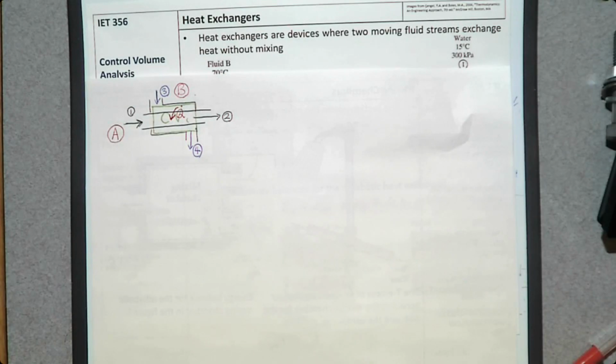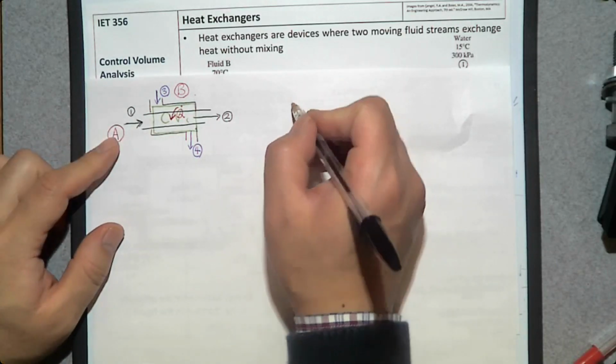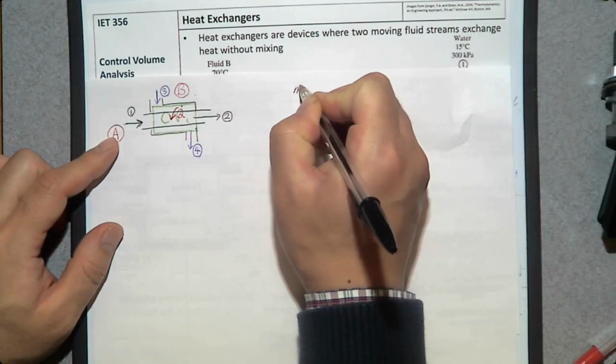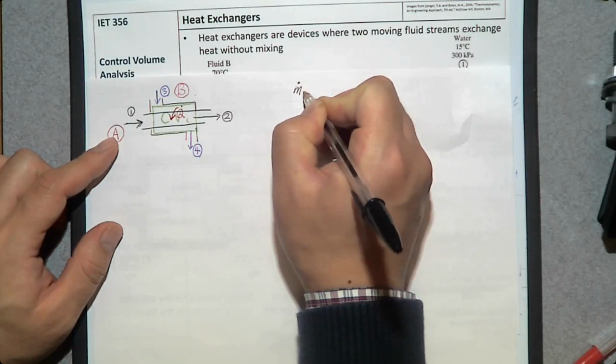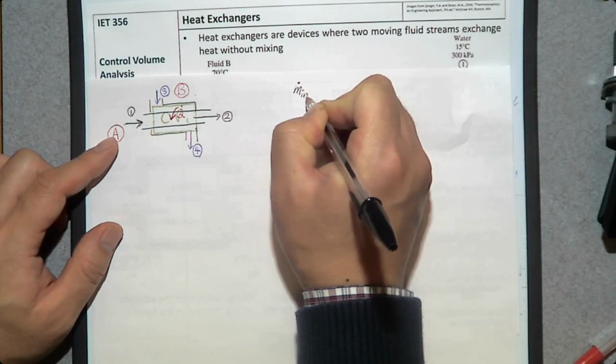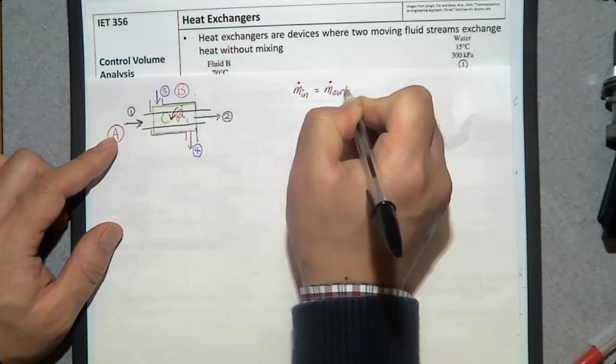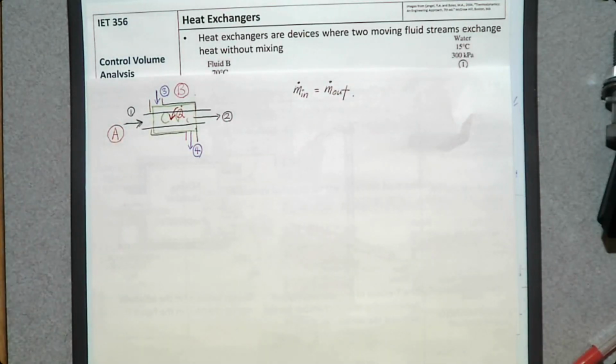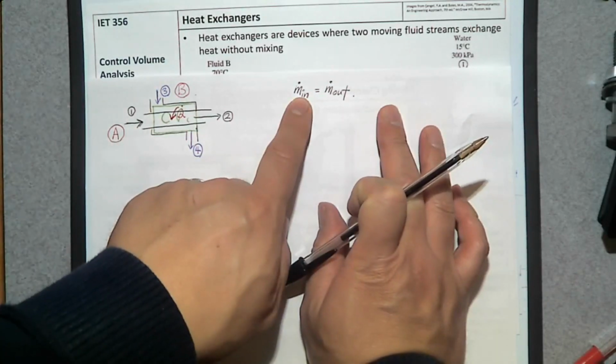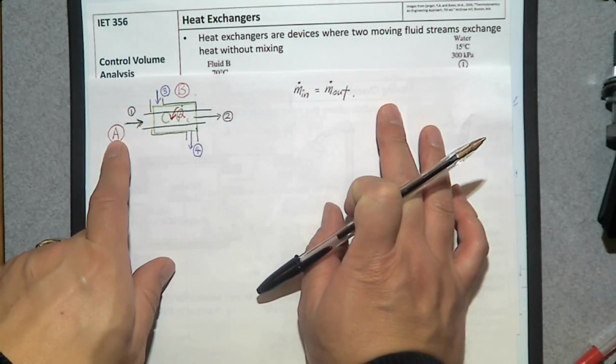One for A, the other for B. So let's apply mass balance for A. The mass balance equation for a steady state open system is that m dot that goes into a control volume should be the same as m dot that comes out of the control volume. So mass transfer entering a control volume should be the same as the sum of mass transfer leaving that control volume. So what is the mass flow rate that goes into this control volume for fluid A?